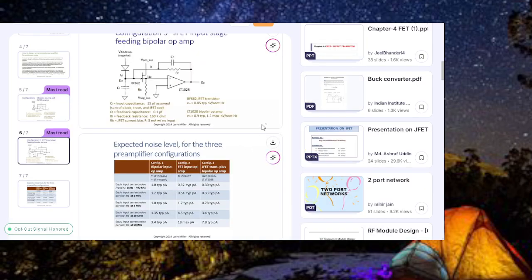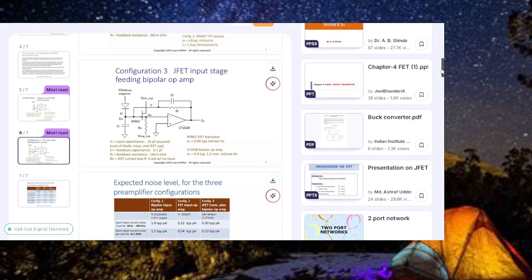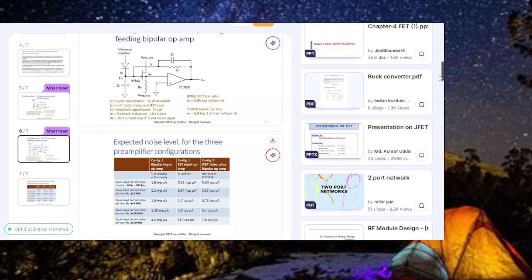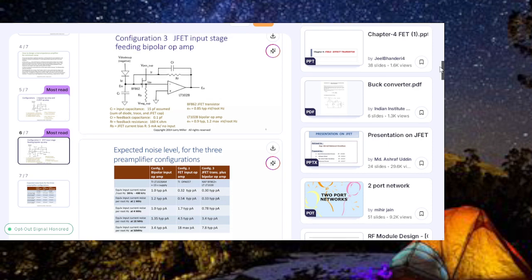Some typical numbers here. You have to bear with me here, because I am going to save this little stuff here.